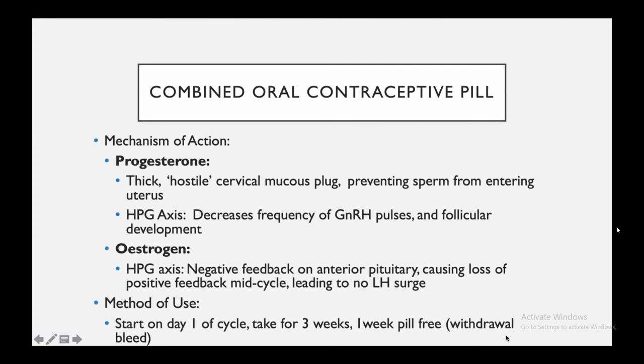It's also important to highlight that progesterone's main mechanism of action is to thicken the cervical mucus and act as a hostile environment, preventing sperm from entering the uterus.